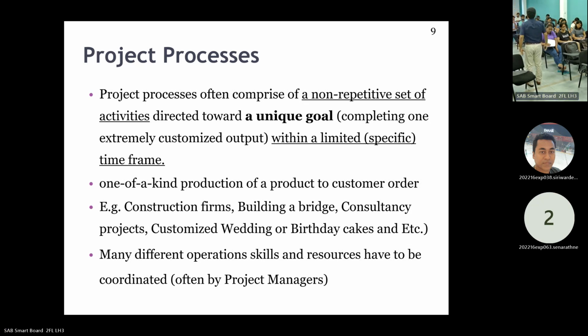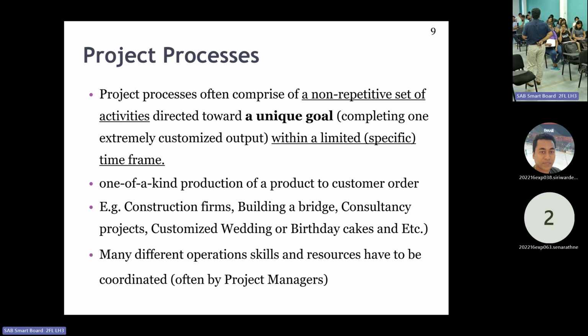And for resources, equipment and machinery, each phase of the project may require different resources, different equipment. And we see very low utilization of resources. We can't expect efficiency, not at all.